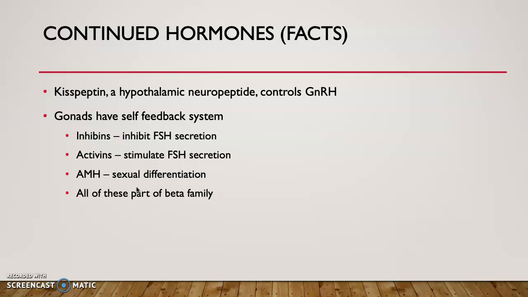The gonads secrete peptide hormones that go directly to the pituitary instead of acting on the brain. We'll start off with inhibins, which inhibit the secretion of follicle stimulating hormone, activins, which stimulate follicle stimulating hormone, and AMH, which is pretty important for sexual differentiation of cells. All three of these hormones come from the beta family.